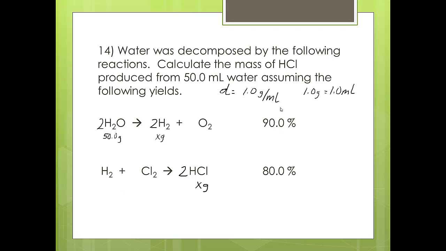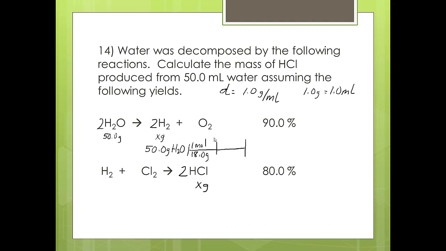So really, in this one equation, we're going to just do 2 separate problems. So let's start here. Again, what am I going? From water to hydrogen. So what do I have? I have 50 grams of water. What do I have to do? Change them to moles. Molar mass of water, 18.0. Bet some of you are even getting those memorized.